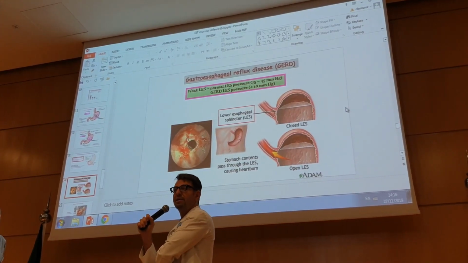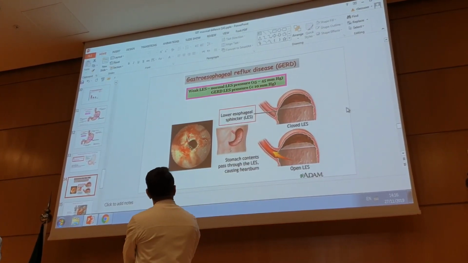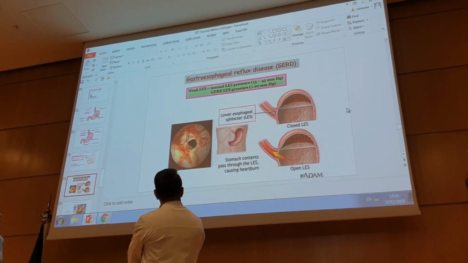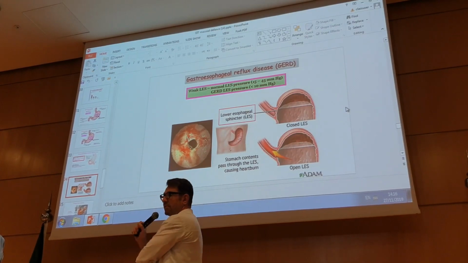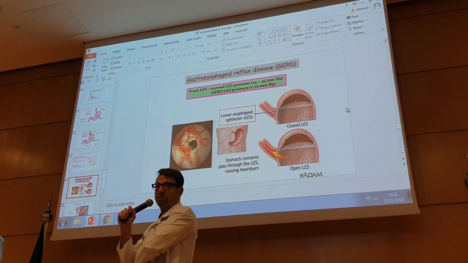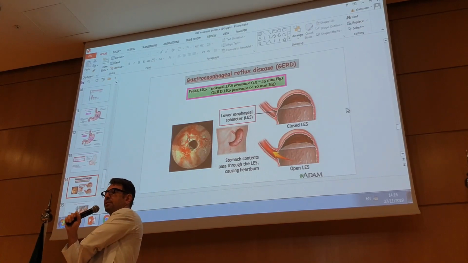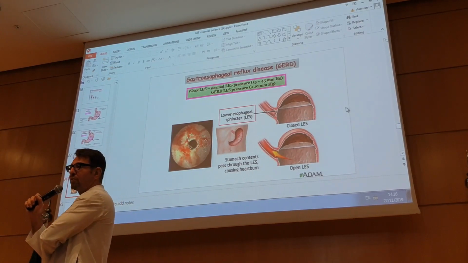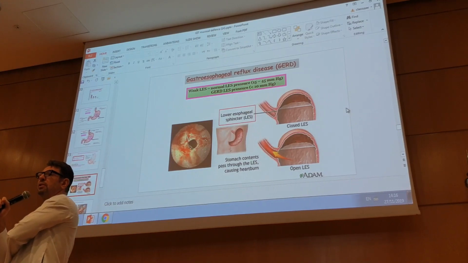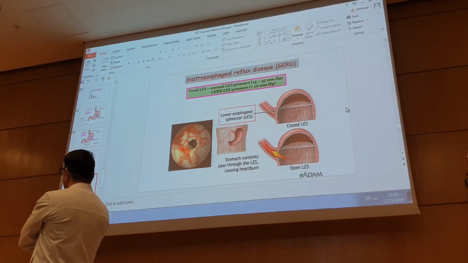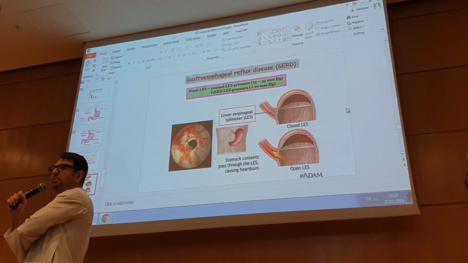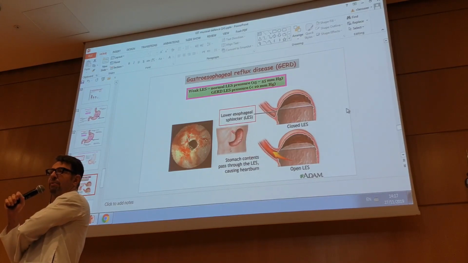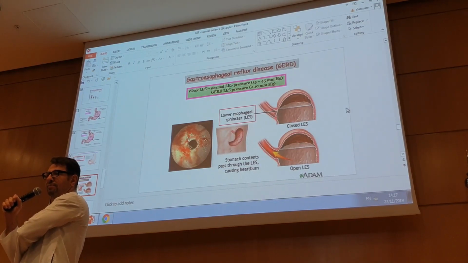So besides the weak lower esophageal sphincter, there's other factors that can lead to GERD. This is number one. Number two is having the lower esophageal sphincter in the mediastinum rather than being in the abdomen when you have a short esophagus.